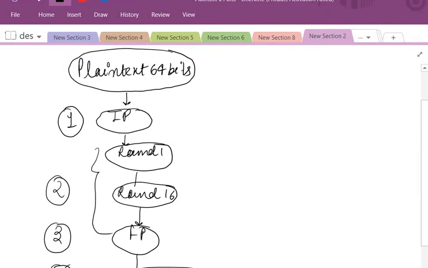Each round needs a round key of 48 bits. From where is this 48 bits generated? There is a need for a key generation algorithm.